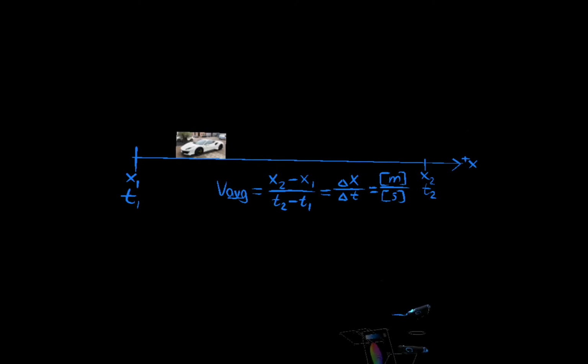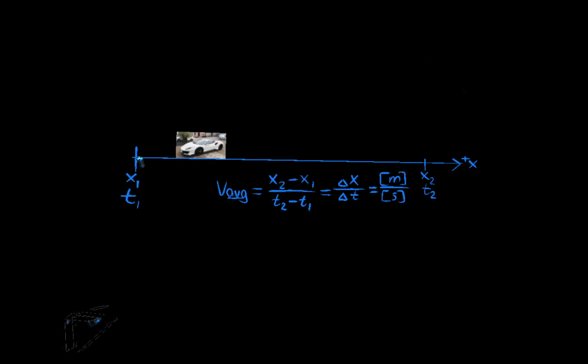And notice what we did in order to explore this situation where a car starts somewhere and ends somewhere at a different time and position, is we chose a positive x-axis and we chose an origin.